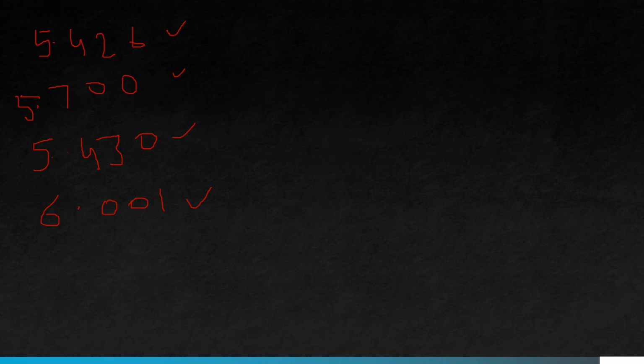Okay, so how can you write it? First, at your number one place, 5.426. Now let me just remove this. What will be the next number? The next number will be 5.430.